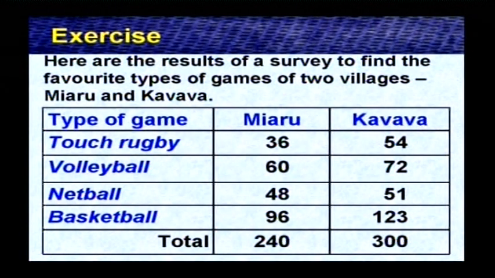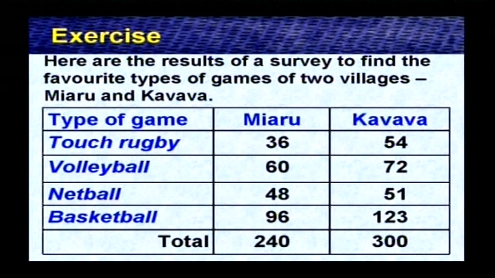Okay, students, our exercise is on the board. Can we all read the exercise? Okay, those are the names of two villages, Meru and Kawawa.